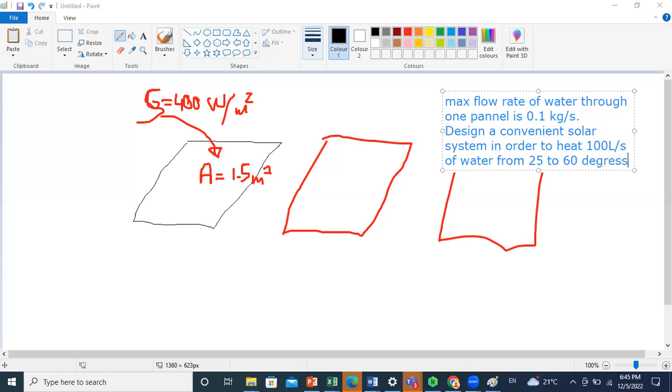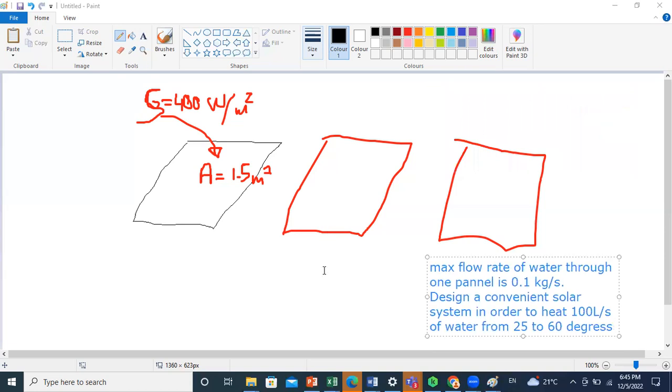Okay, so this is an example. We need to find what is the number of panels needed in order to perform the floor heating application.